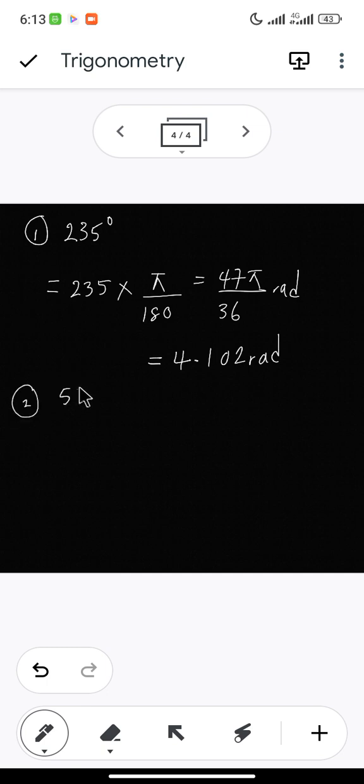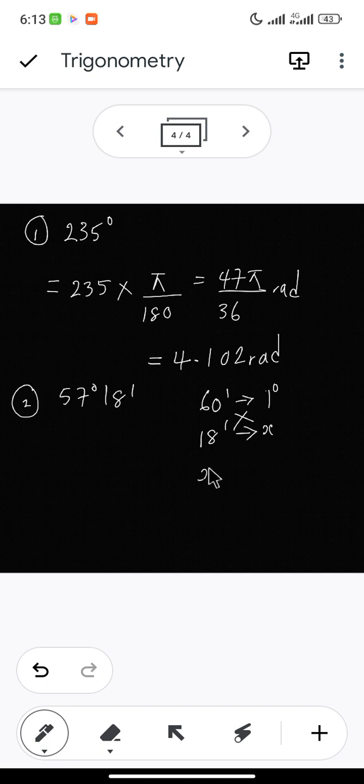So let's take another example. We have 57 degrees 18 minutes. Now this kind of example, you have to apply what we learned earlier on. You have to first of all convert 18 minutes to degrees. So if 60 minutes gives us 1 degree, 18 minutes will give us x. So we cross multiply.